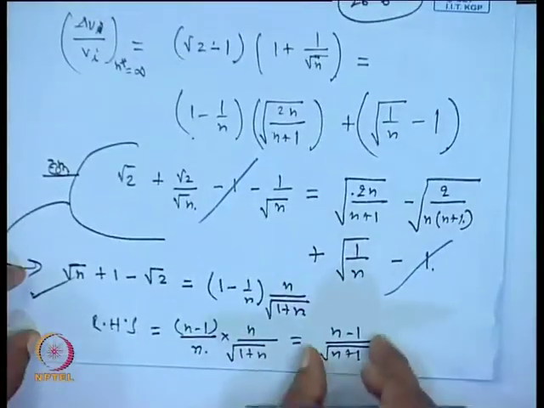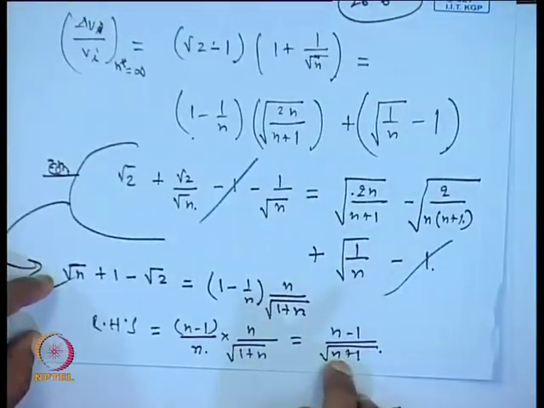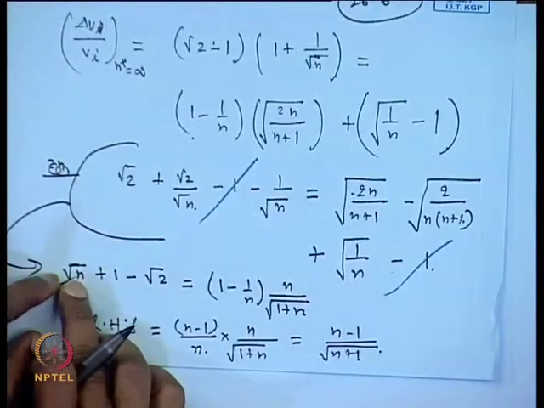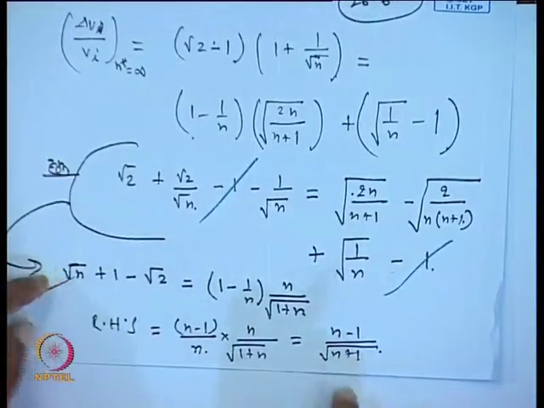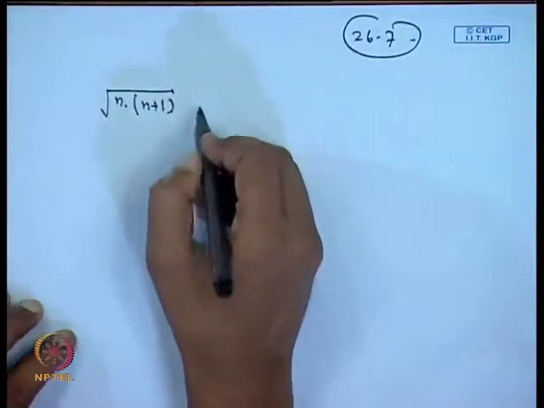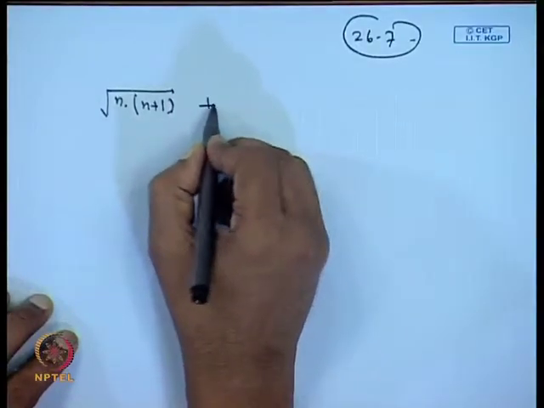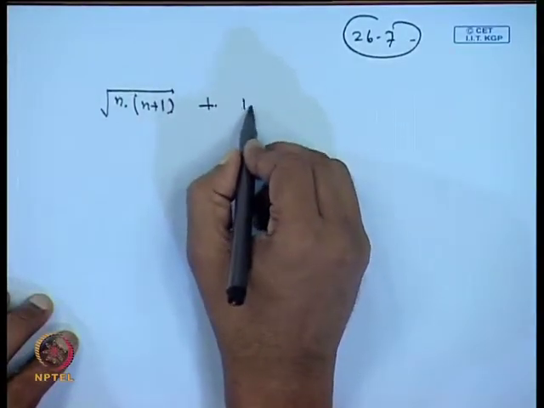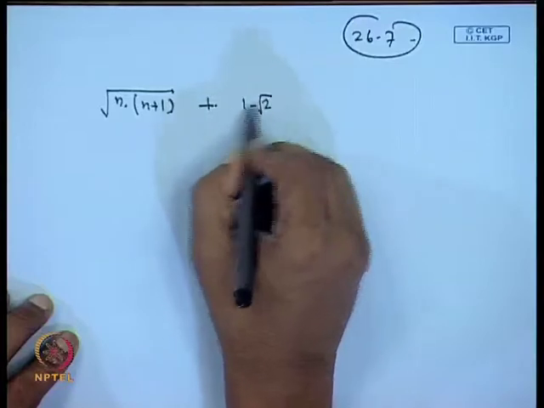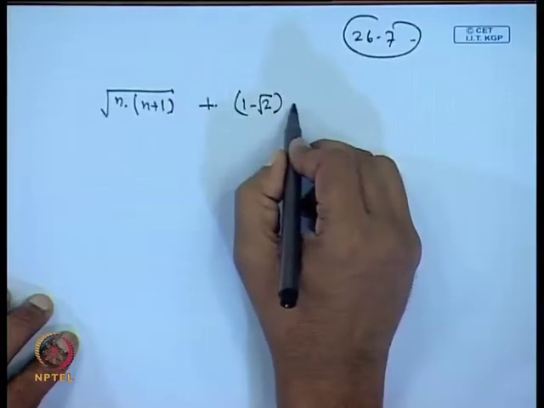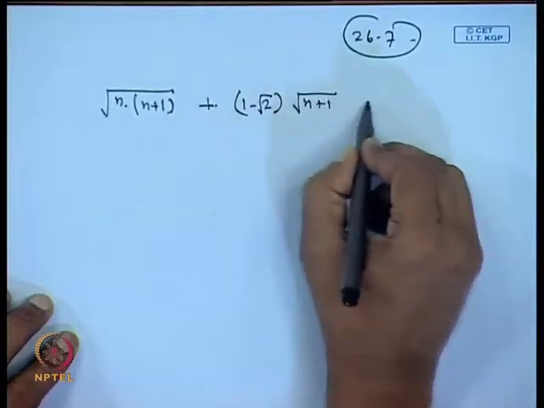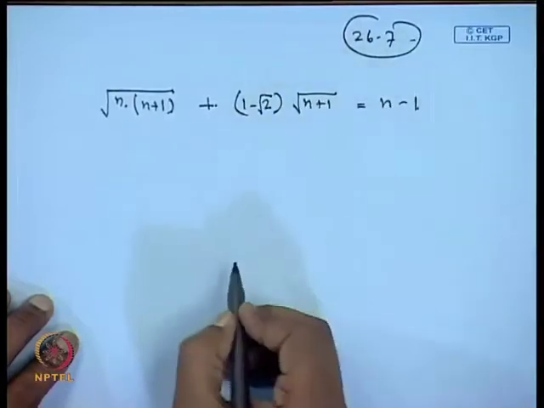So, what we are doing, the term in the denominator we are taking on the left hand side. So, this term under root n gets multiplied by this one. One minus under root 2 times n plus 1 under root equal to n minus 1.